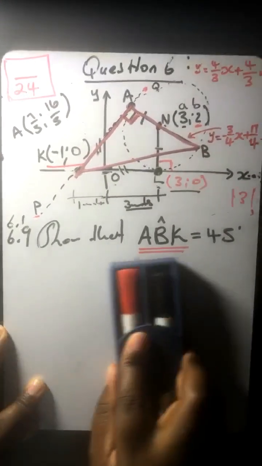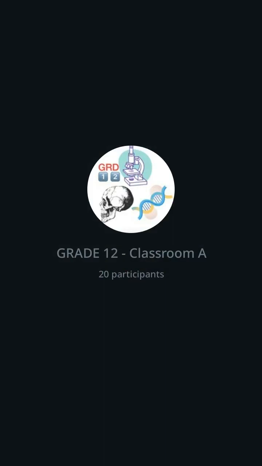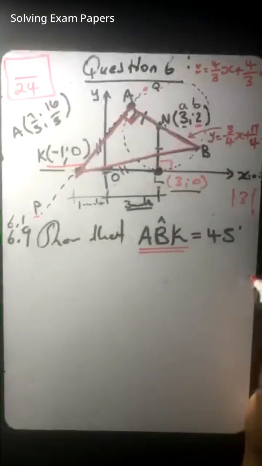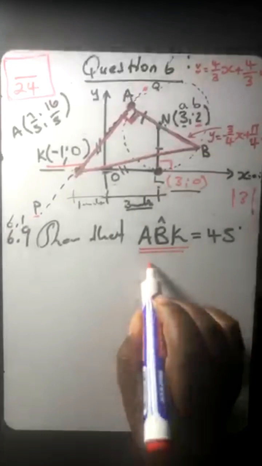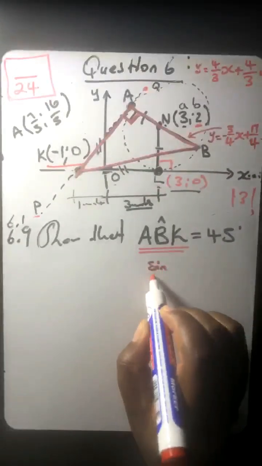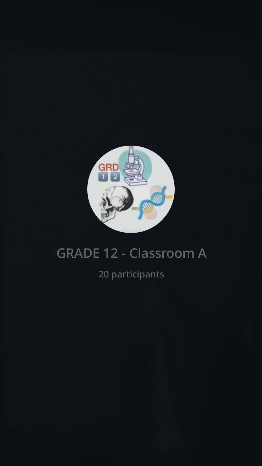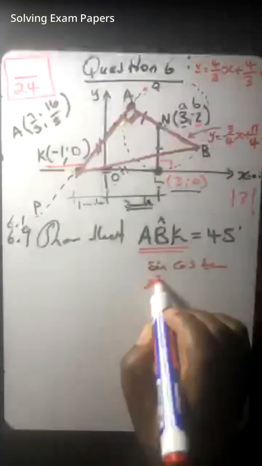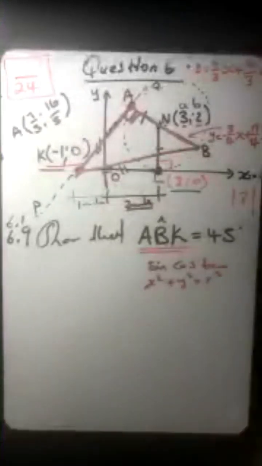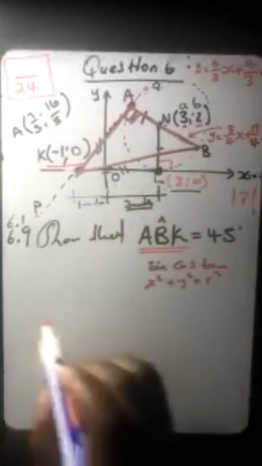I've been preaching since past years that when you have a right-angled triangle, you can use the trig ratios, being sine, cos, tan. If you fail, you can still use the theorem of Pythagoras. So now here comes the question.